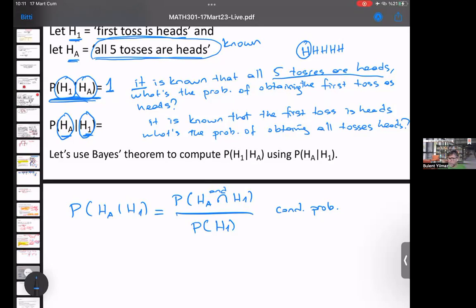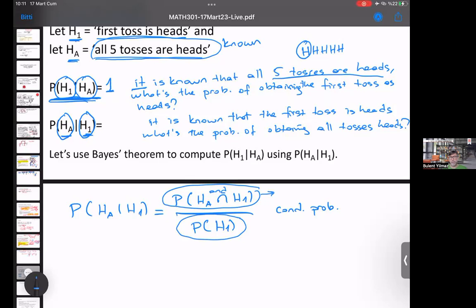Okay. So what's the probability of HA and H1? First toss is heads and all heads. What's the probability of obtaining H1, the first toss being heads? It is 1/2, right? The first toss is either tails or heads.